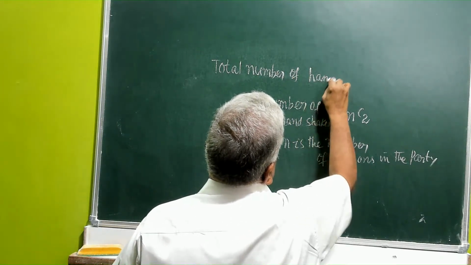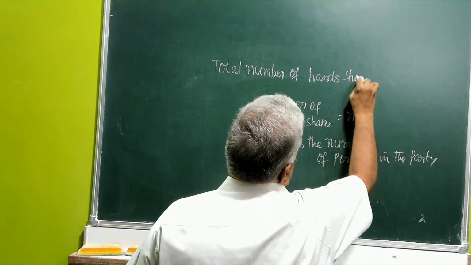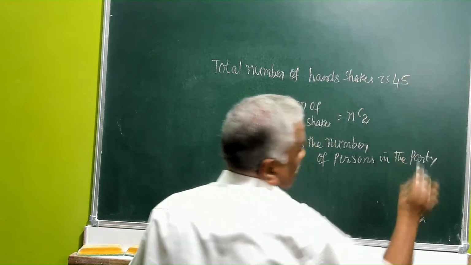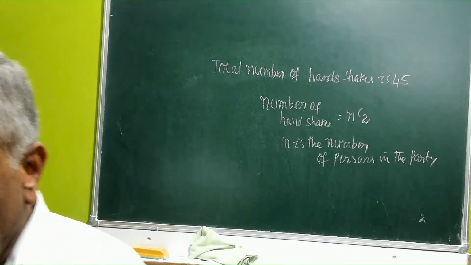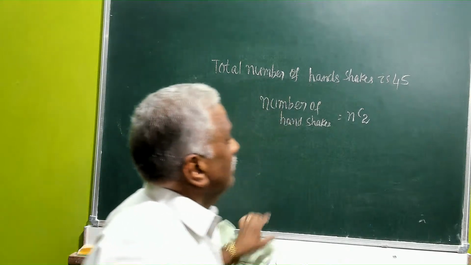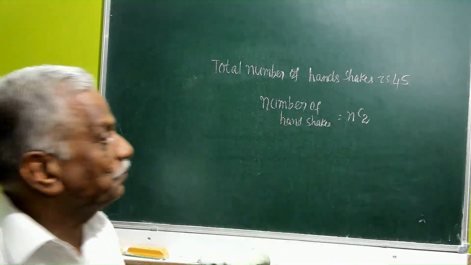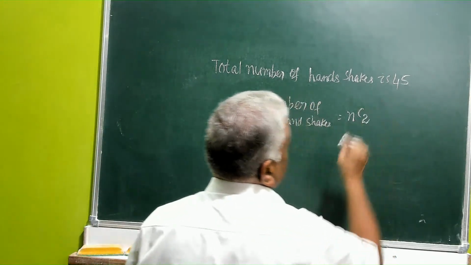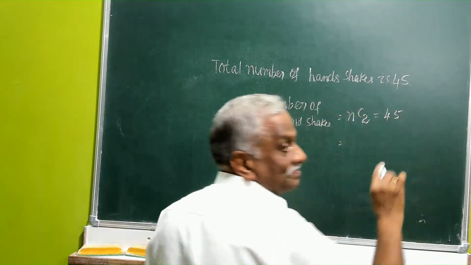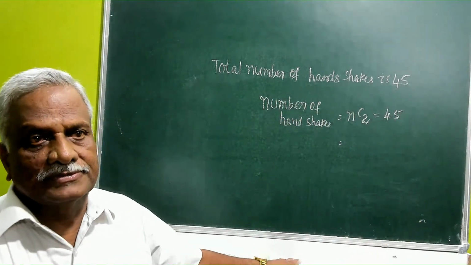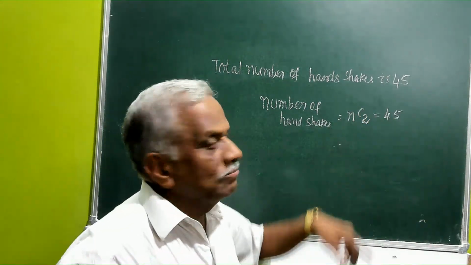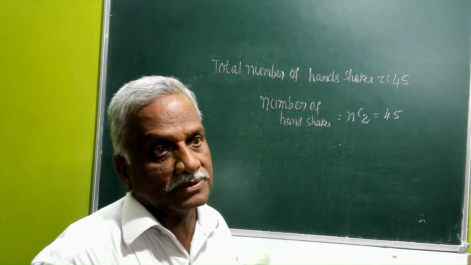Find the total number of people in the room. You should remember the number of handshakes formula is nC2. So nC2 should be 45. That is given to be 45.